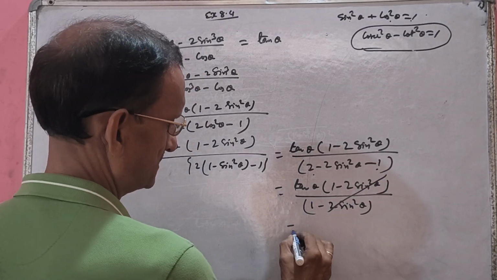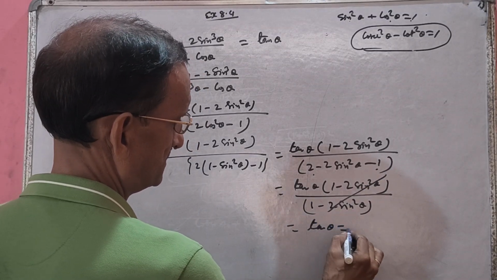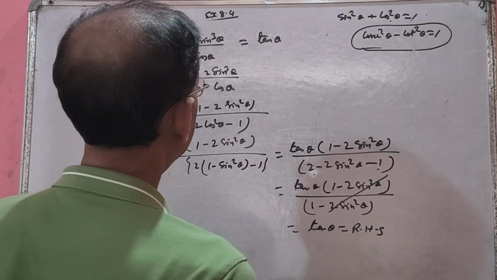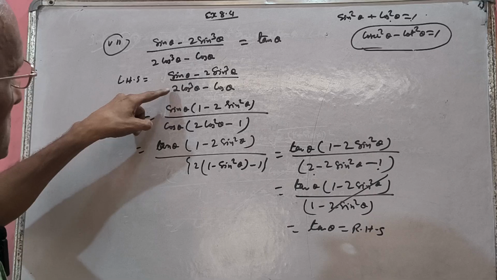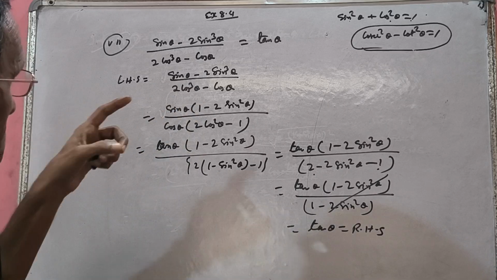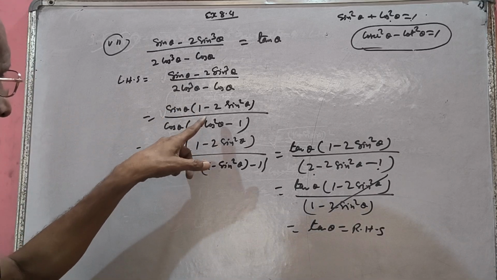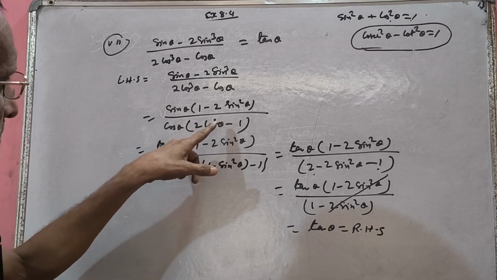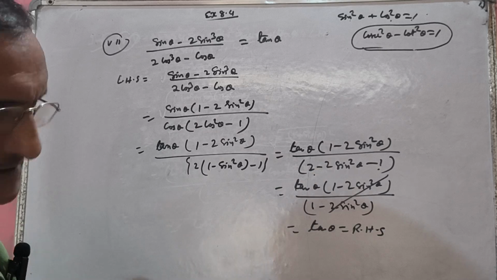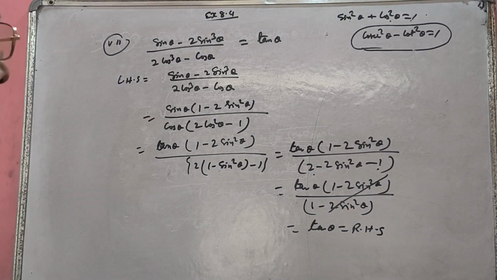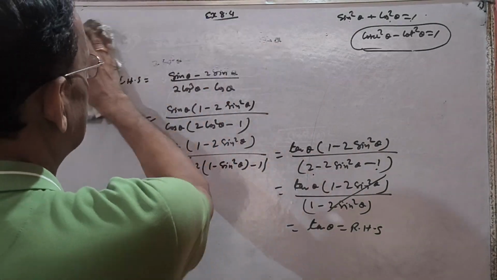To cancel, what is left? Tan theta, and this is the RHS. Okay, left hand side, sin theta common, cos theta common, sin theta by cos theta, tan theta will get. Either will simplify the numerator or denominator. So cos square is 1 minus sin square from this identity, and that's all. Okay, easy, very interesting.